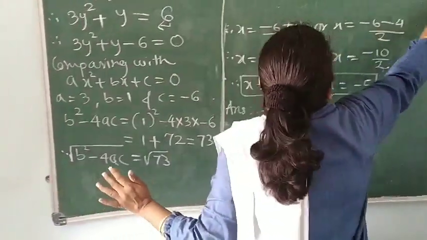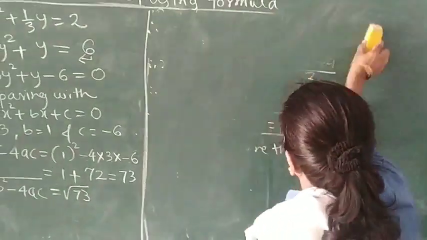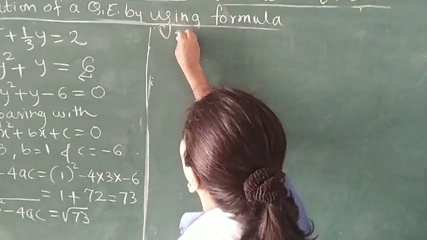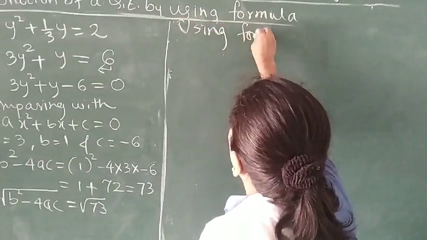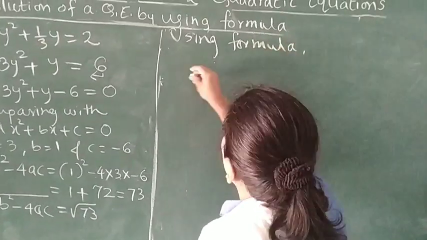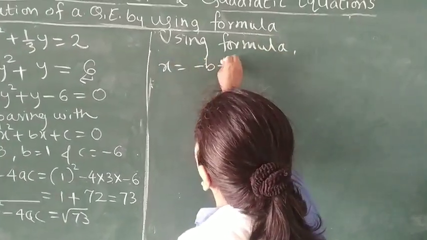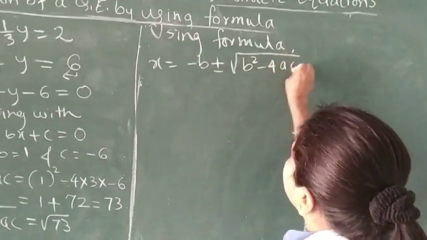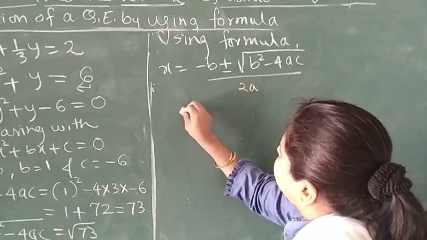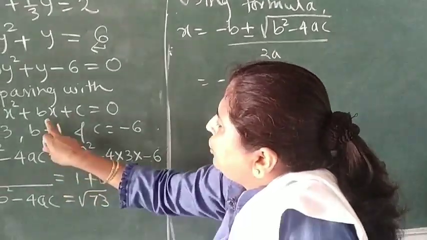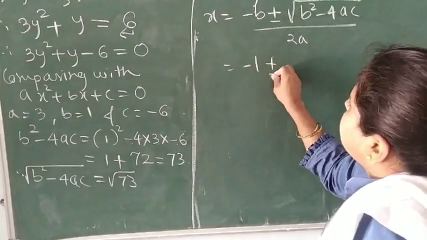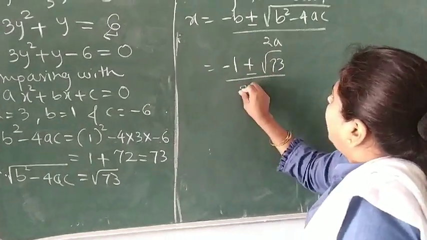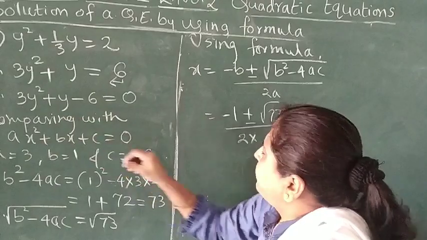Now writing the formula. Now using the formula, we can write x is equal to minus b plus or minus under square root b square minus 4ac upon 2a. So minus, what is the value of b? It is 1, plus or minus, this value is 73, dividing by 2a, a is 3.